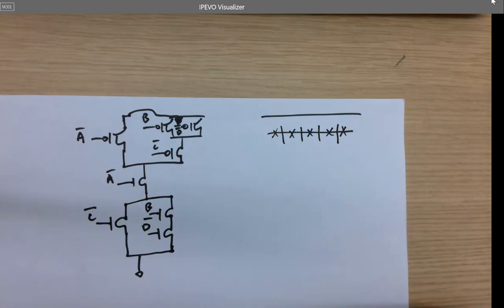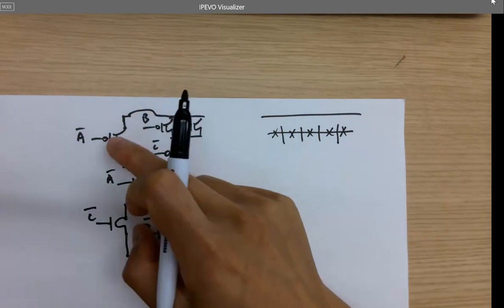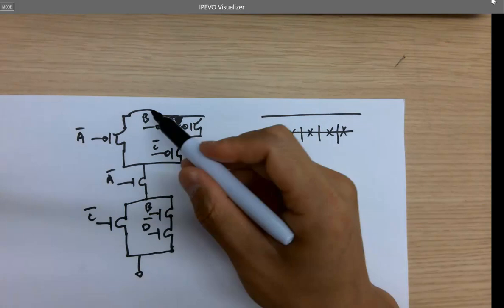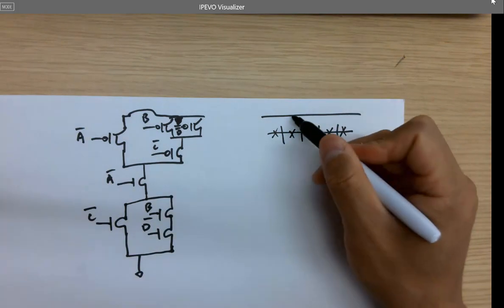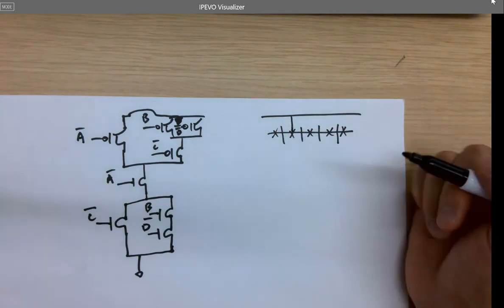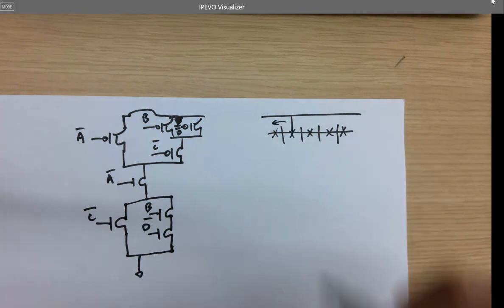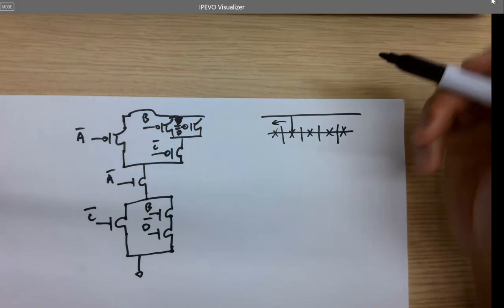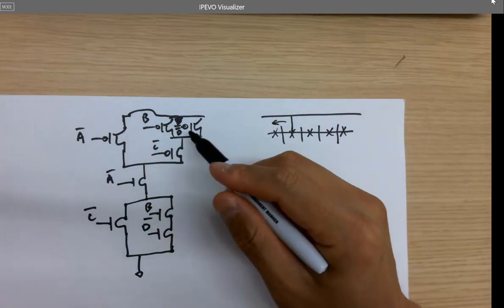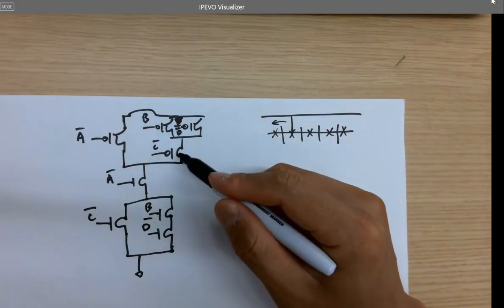See if that works. So first I have to get 2 parallel branches. One runs through A, one runs through the rest. So there's no choice. Let's just draw one line here. It's going to run through A, and then the rest. For the rest, you have 2 transistors in parallel and then in series with another one.